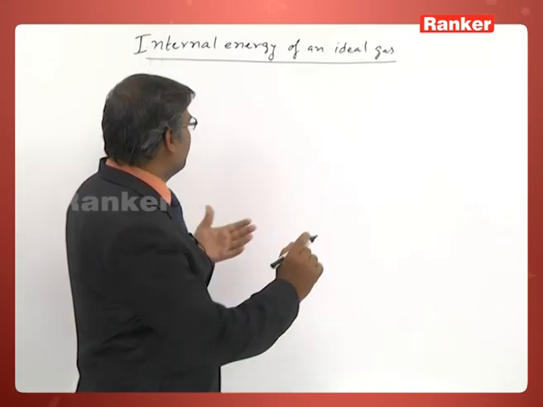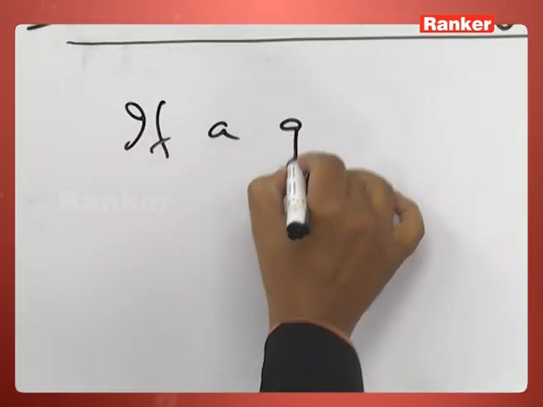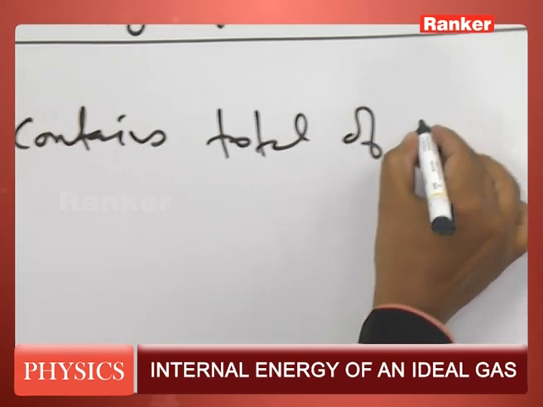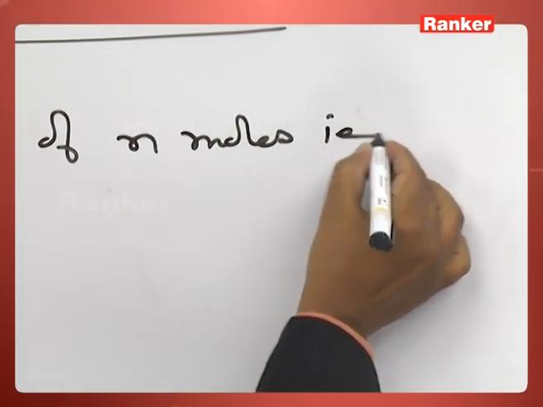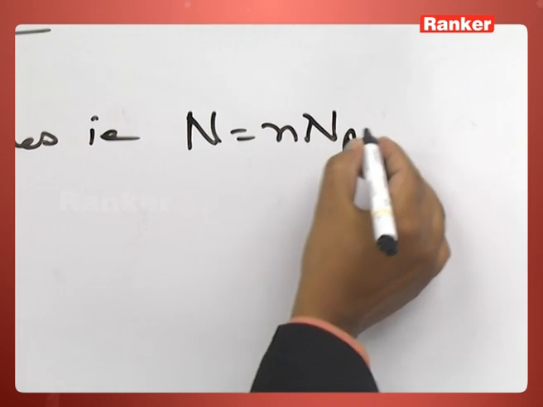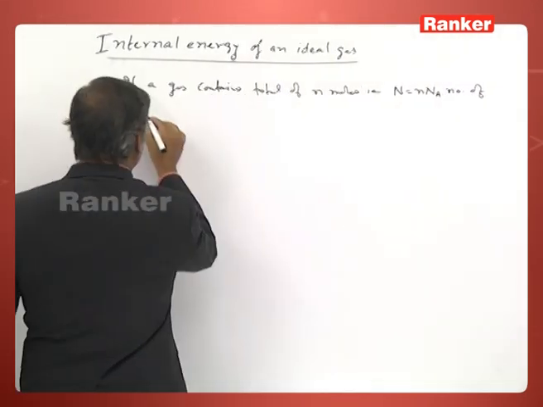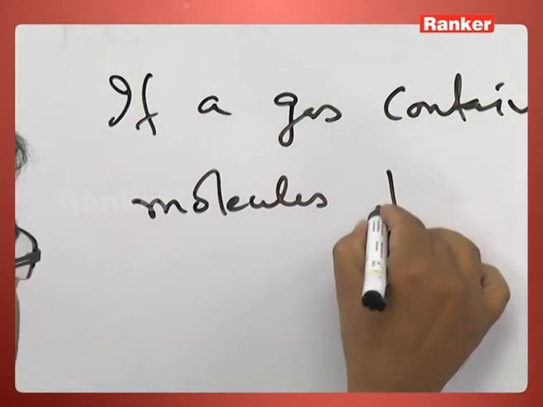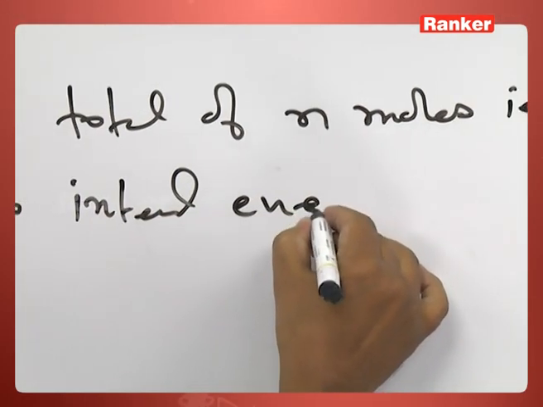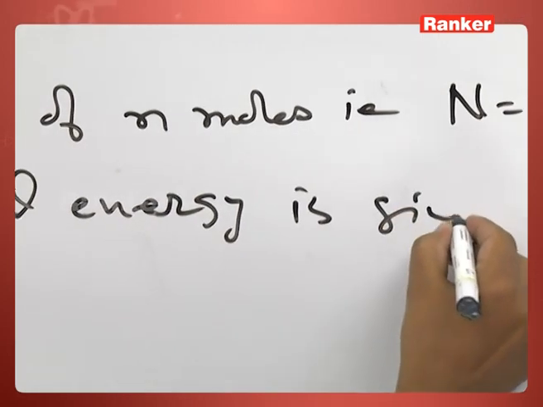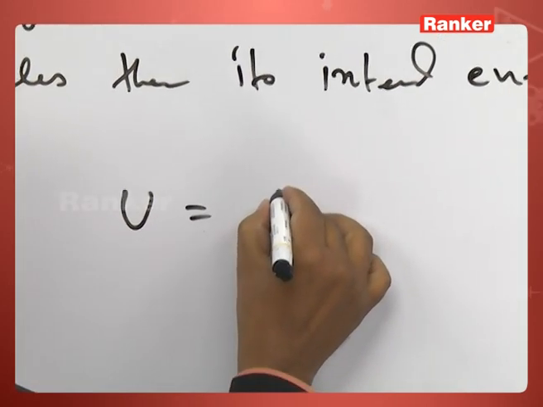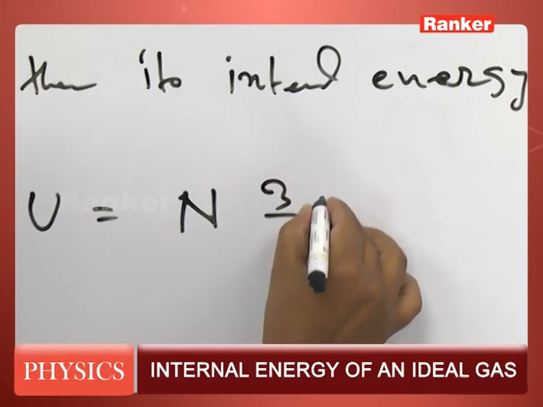Now if a gas contains a total of n moles, i.e. N is equal to n, number of moles, into Na, number of molecules, then its internal energy U is given by N into 3 by 2 kT.